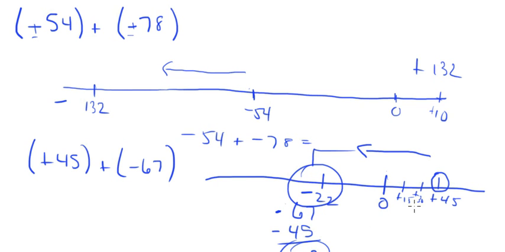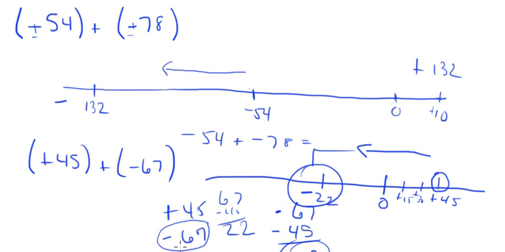Remember, we had a positive 45, and we had a negative 67. So when we subtract these numbers from each other and we get 22, it tells us we use the sign from the greater absolute value. And the greater one was 67, which had a negative sign, so it makes it negative. I mean, that's the mathematical reasoning behind it.